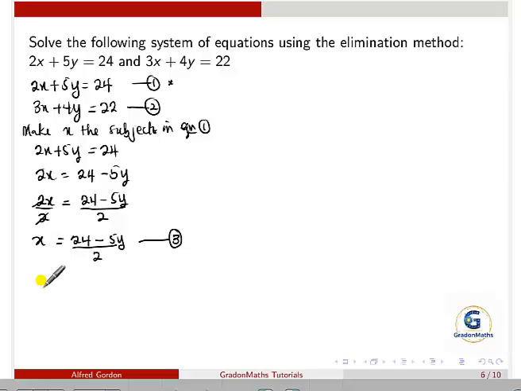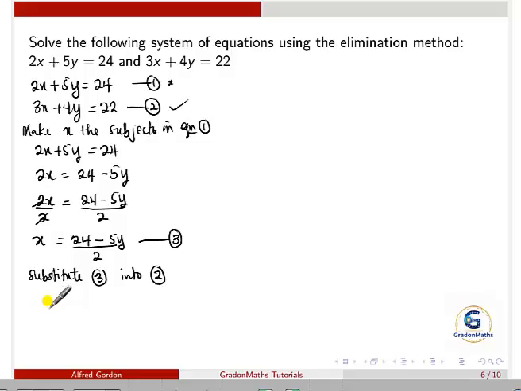This is where we do a substitution. So let us substitute. Okay, so let's substitute equation 3 into the other equation we didn't work with. So let's substitute it into equation 2. So into equation 2, wherever we are finding x, we substitute what? 24 minus 5y all on 2.